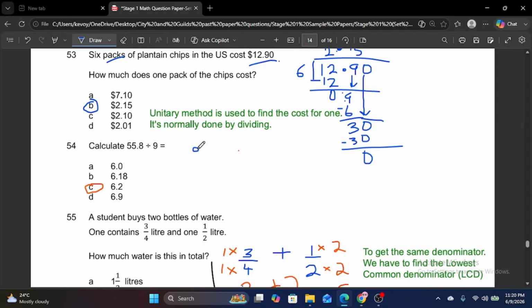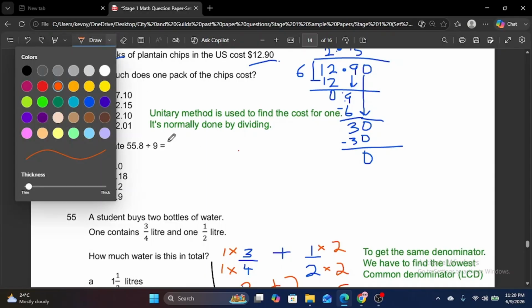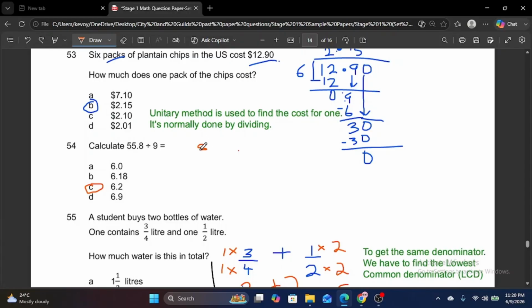So that's going to be 55.8 divided by 9. So the first step is to divide.